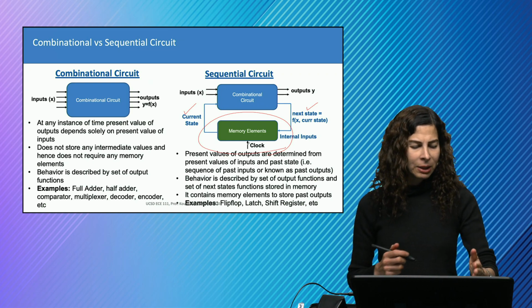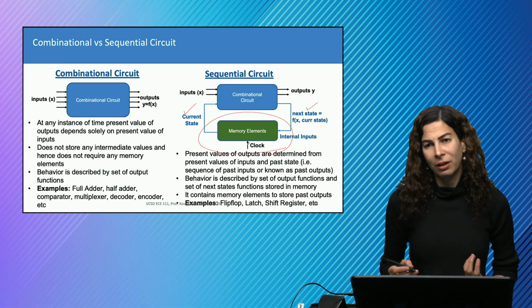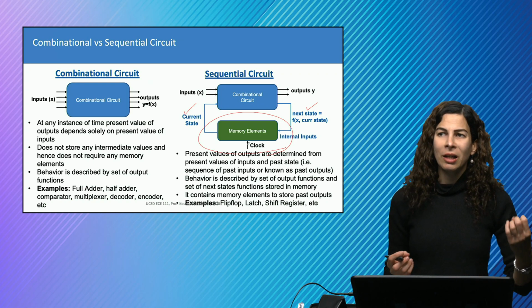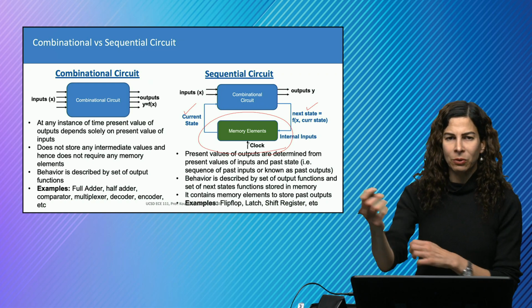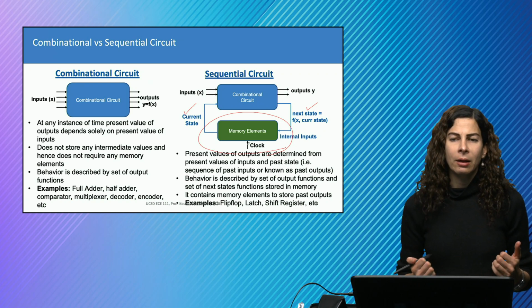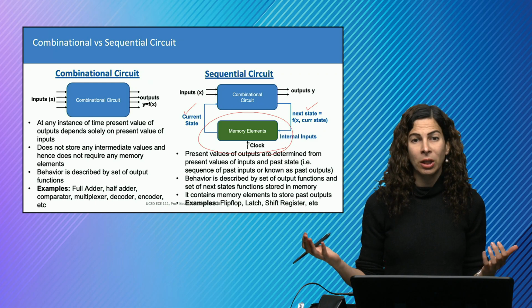In real life, a combinational circuit is kind of simple. Anytime any of your input values changes, the output value will change.